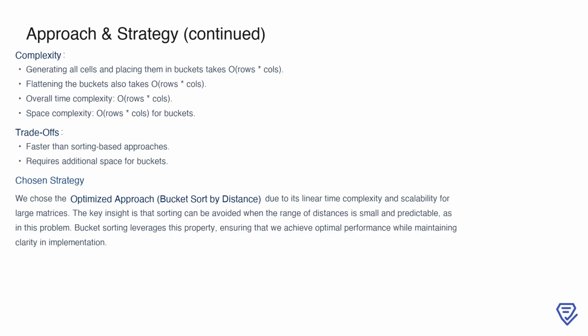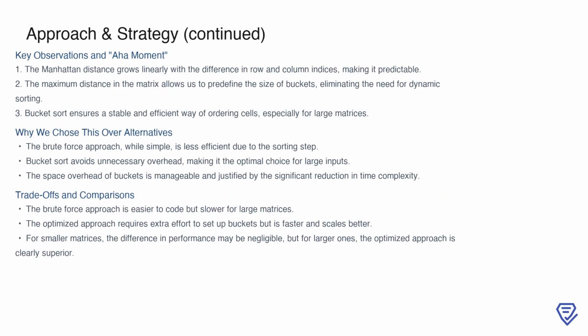After evaluating both methods, we chose the optimized approach because of its scalability and linear time performance. The primary reason this method works so efficiently is that we leverage the predictable range of Manhattan distances in the matrix, allowing us to group cells directly without sorting. In this problem, a few key observations helped us arrive at the optimized solution.